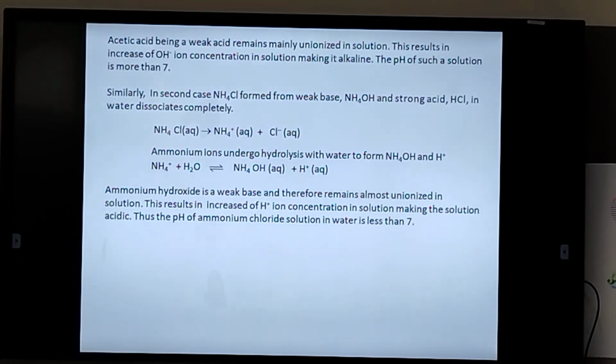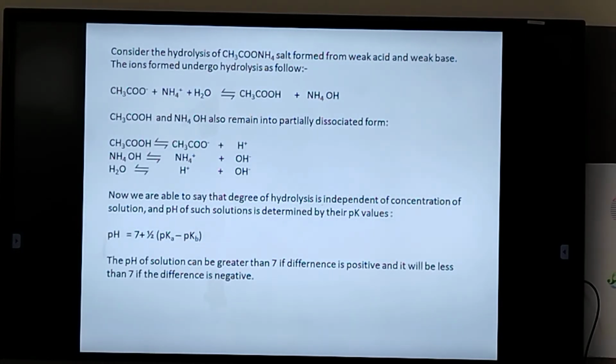Ammonium hydroxide is a weak base, therefore it remains almost unionized in the solution. This results in an increase of H positive ion concentration in solution, making the solution acidic. Thus the pH of ammonium chloride solution in water is less than 7.